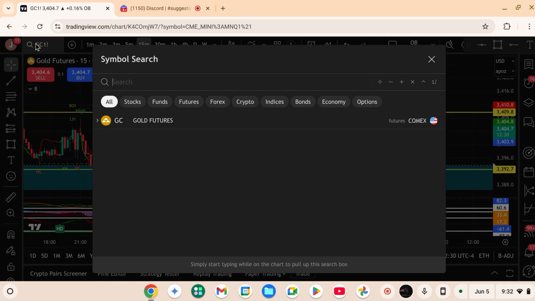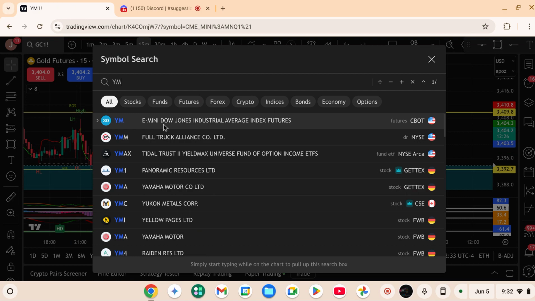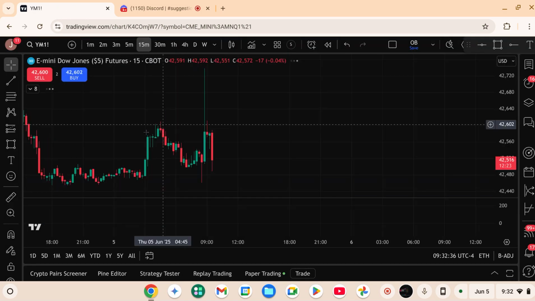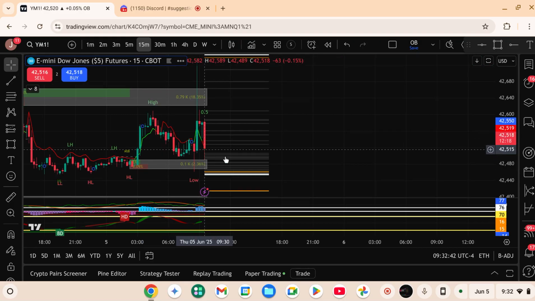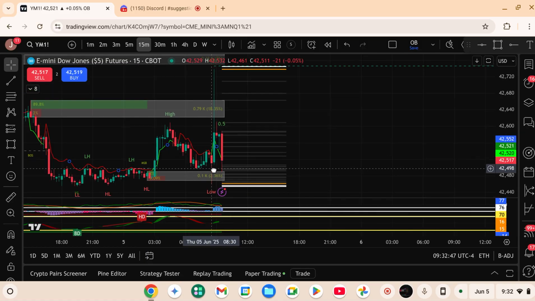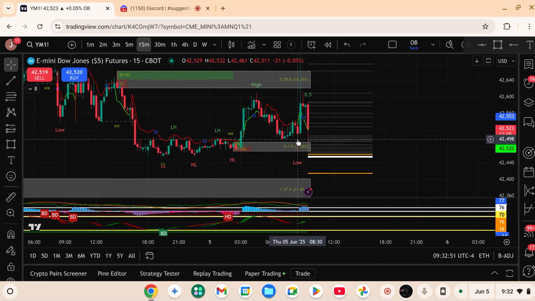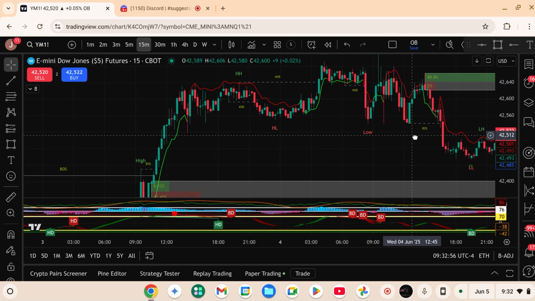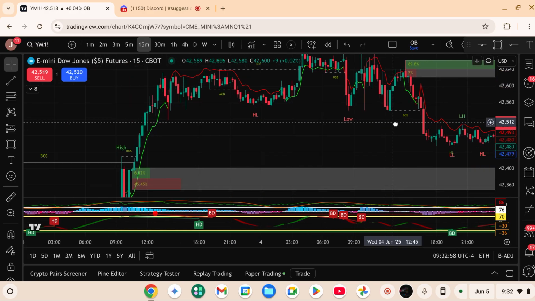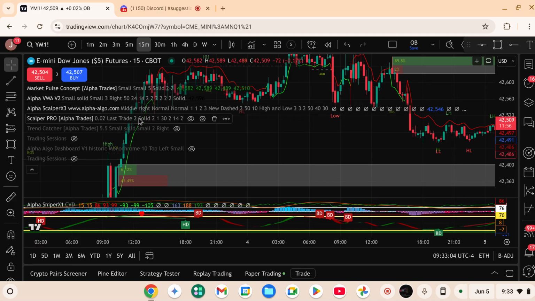Let me see what YM is doing. Where did this area leave this breaker structure?